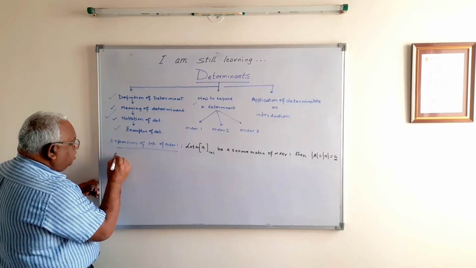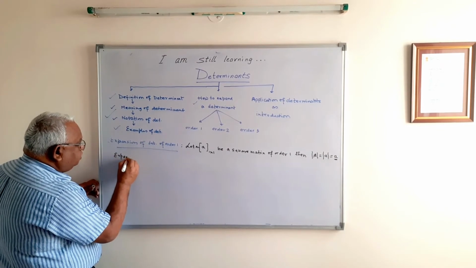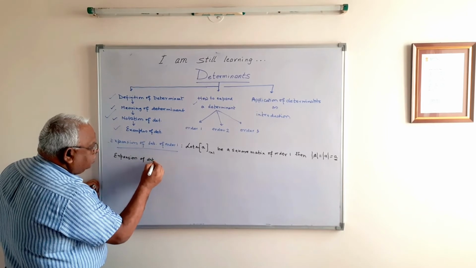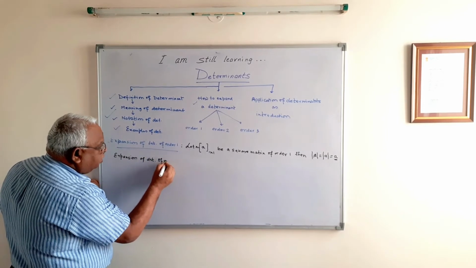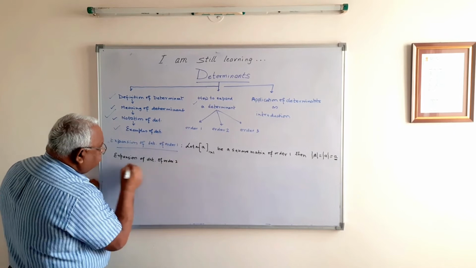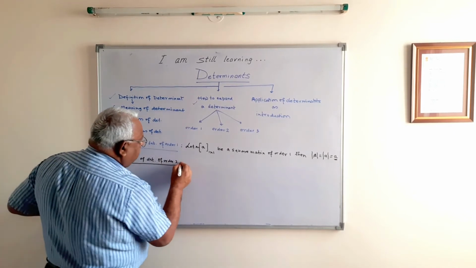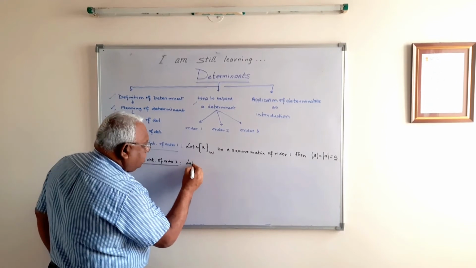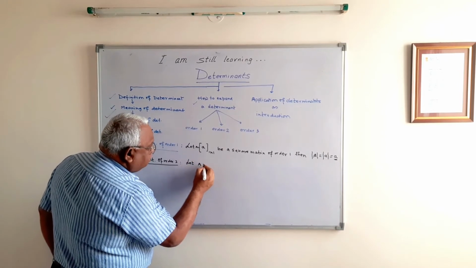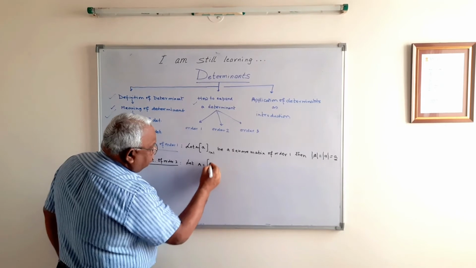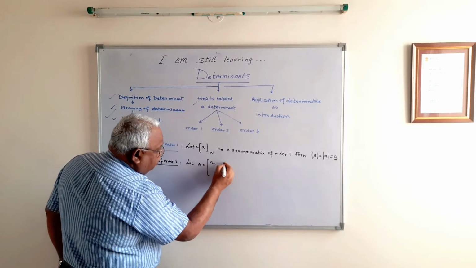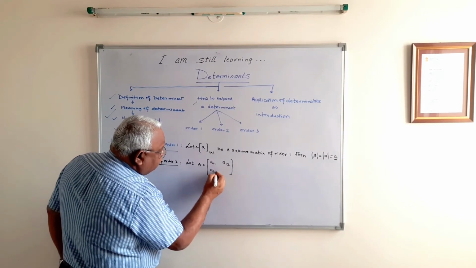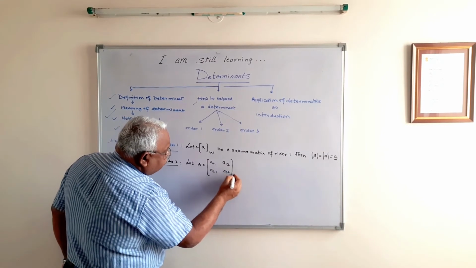Now expansion of determinant of order 2, which I have already explained to you. So you can say let A is equal to A11, A12, A21, A22.